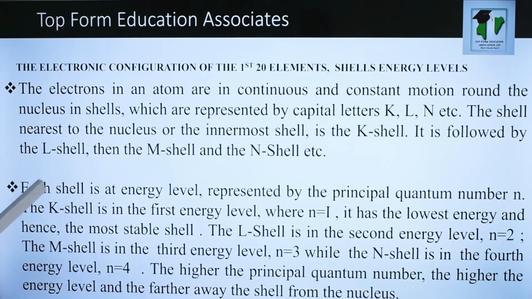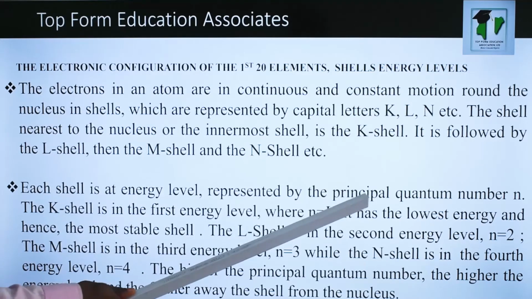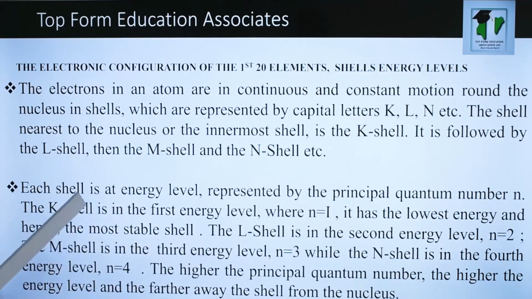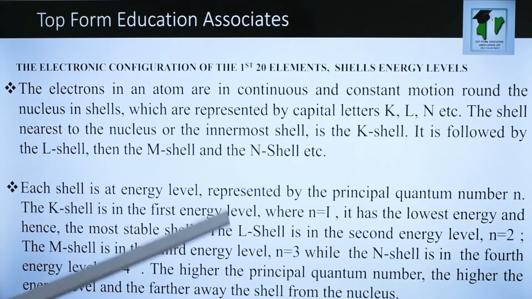Now, each shell is at an energy level represented by the principal quantum number n. There are other quantum numbers, but the one we are going to use for today's lesson is the n quantum number.